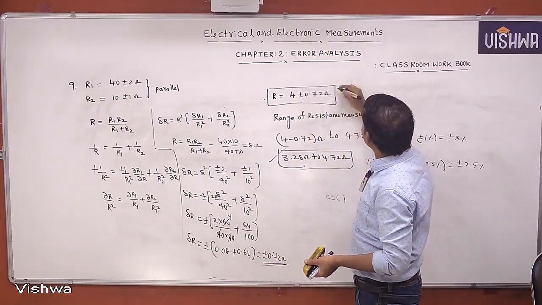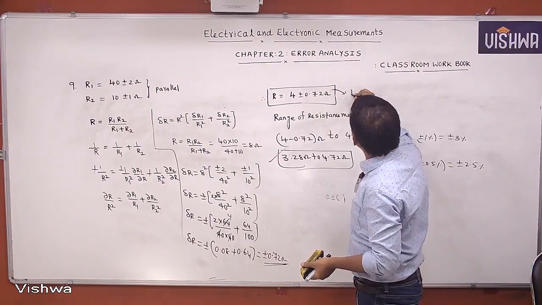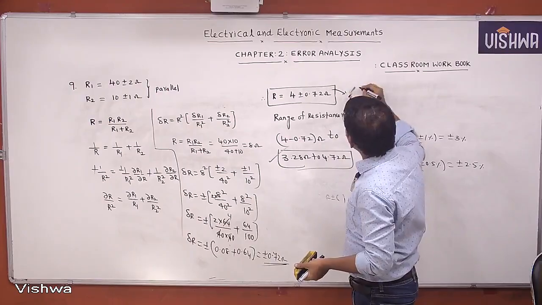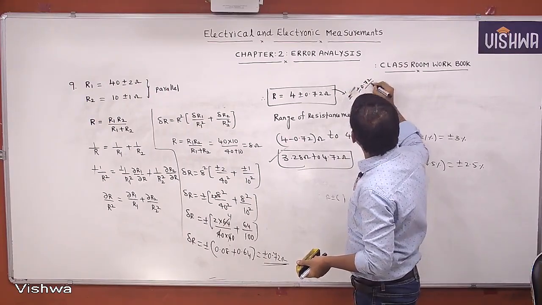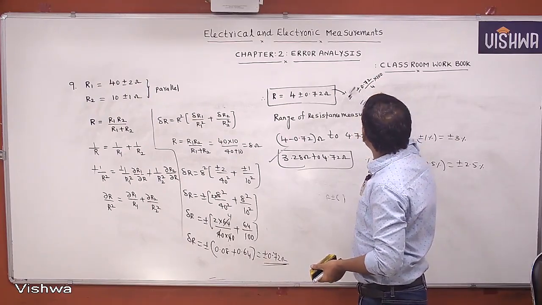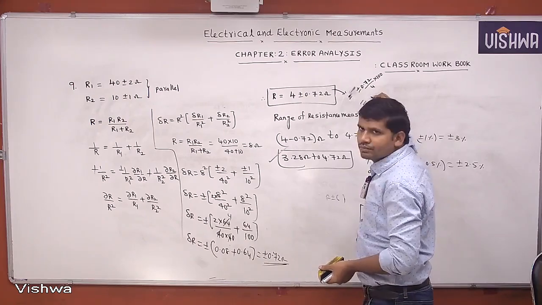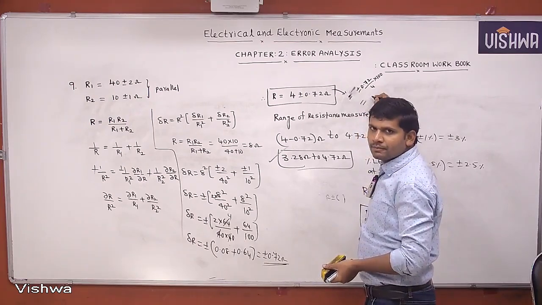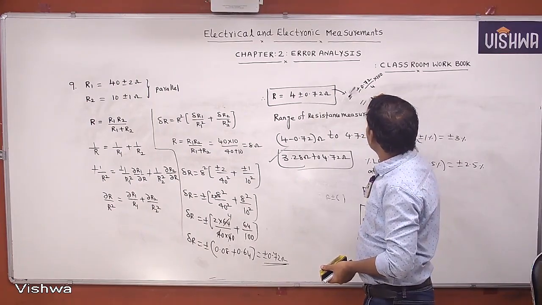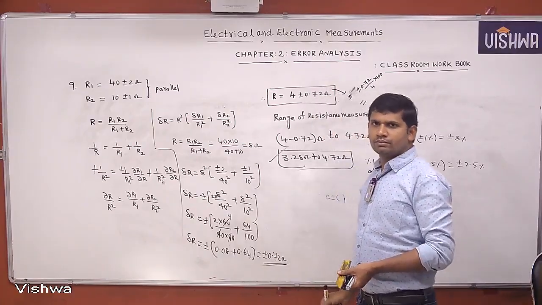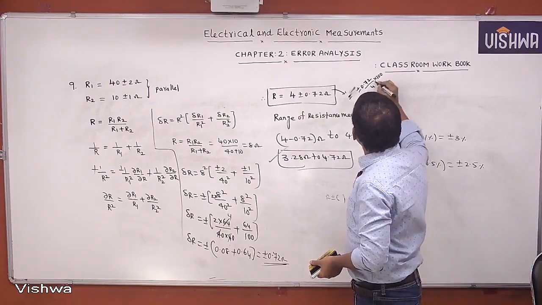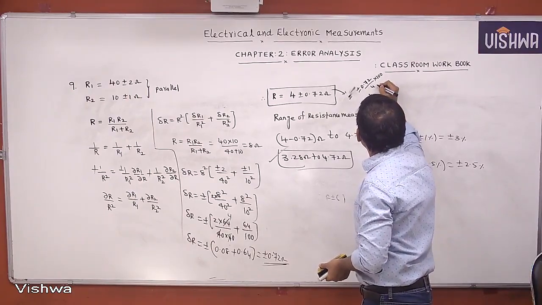For example, I want to tell this answer in percentage. Then what is the percentage form of R, you tell me. Plus or minus 0.72 by 4 into 100. How much can you get, you tell me. This is 72, no? 72 by 4.